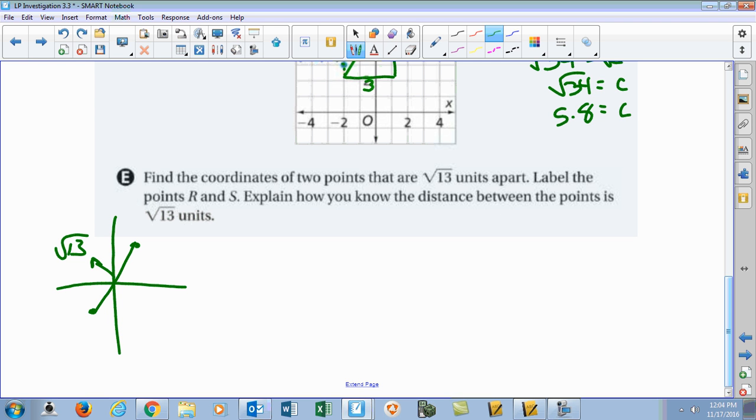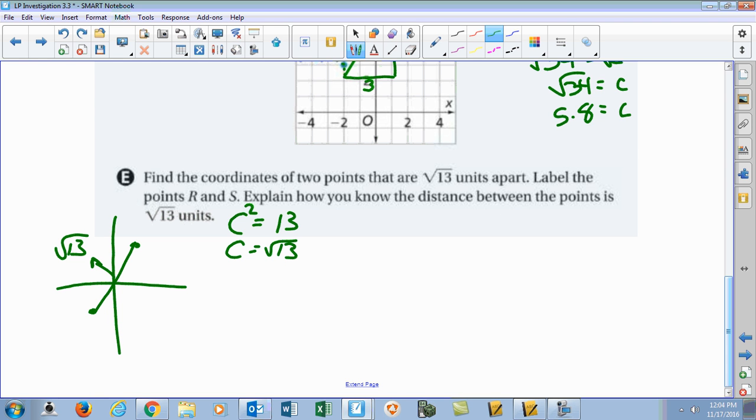So think about the Pythagorean theorem, right? They want c squared to be 13. So c would be the square root of 13, right, when we square both sides. So what two legs, distance of the legs, would we be able to plug in there for us to come up with the square root of 13 as the hypotenuse?